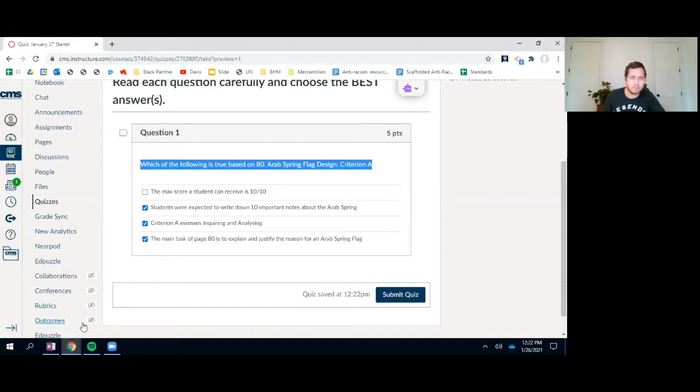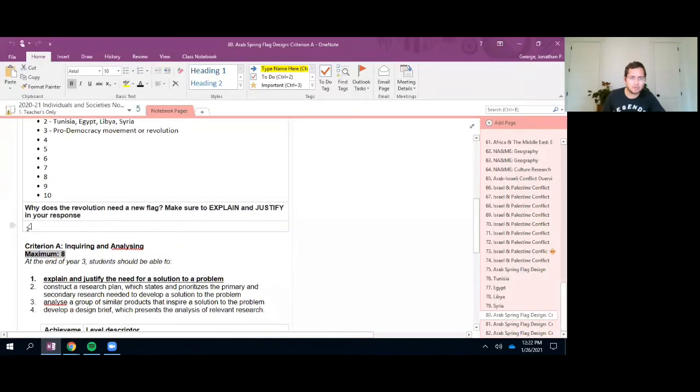That's true as well, because your main thing was writing in here: why do they need a flag? Explain the need for a flag and then justify why it's absolutely necessary and key to the success of the Arab Spring. So make sure that you've done that, please.